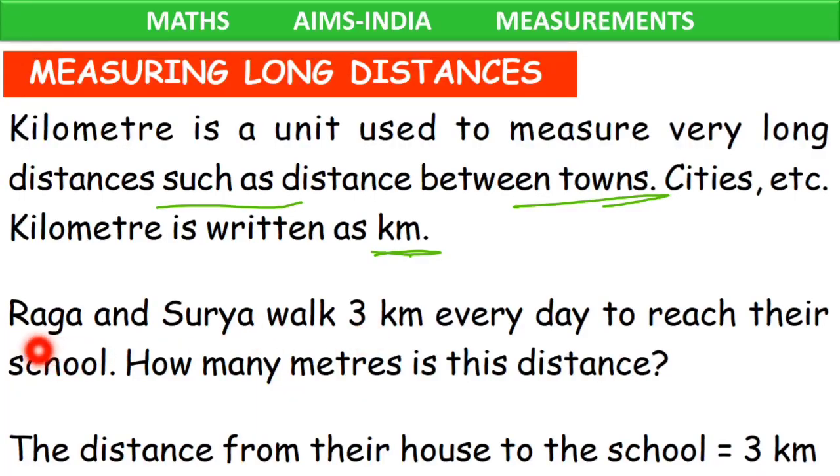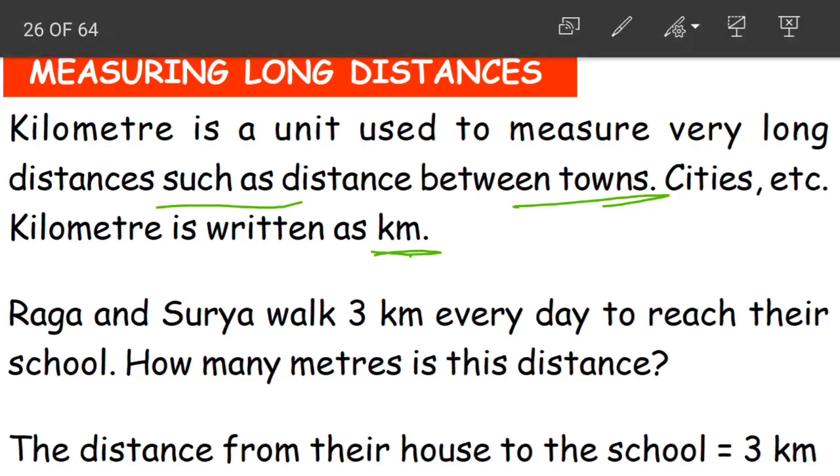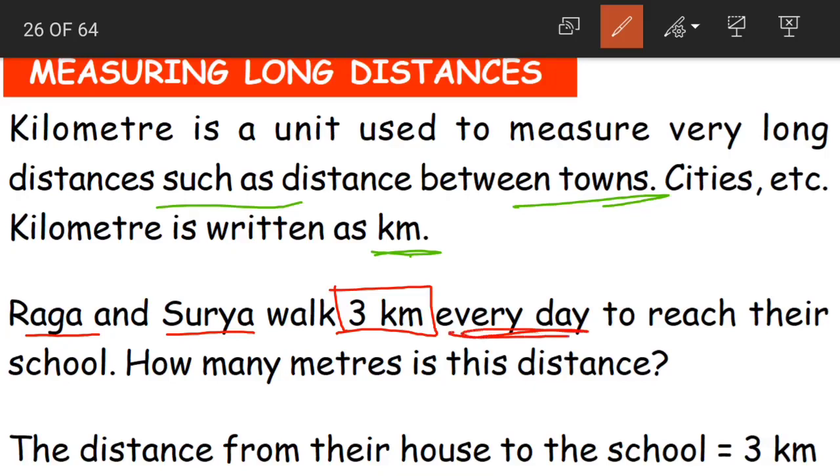Now if you have a question here: Raga and Surya walk 3 kilometers every day to reach their school. How many meters is this distance? What are they saying? Our two friends Raga and Surya both walk a distance of 3 kilometers every day from their homes to reach their school.